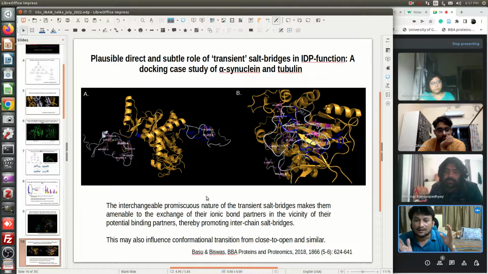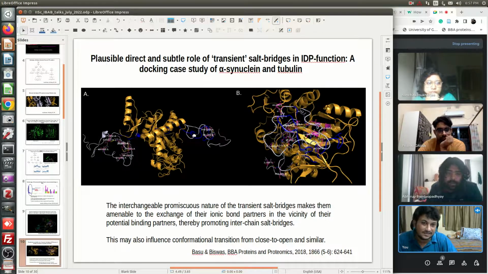People have done pull-down assays and all kinds of biophysical assays to characterize where exactly tubulin binds, and so we started with that as a docking site, and this is the middle domain.